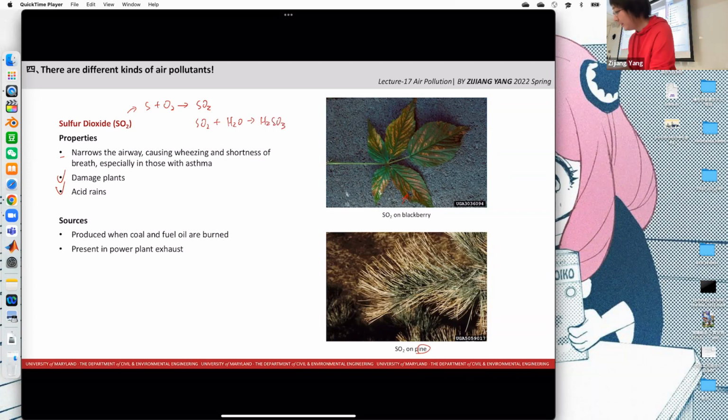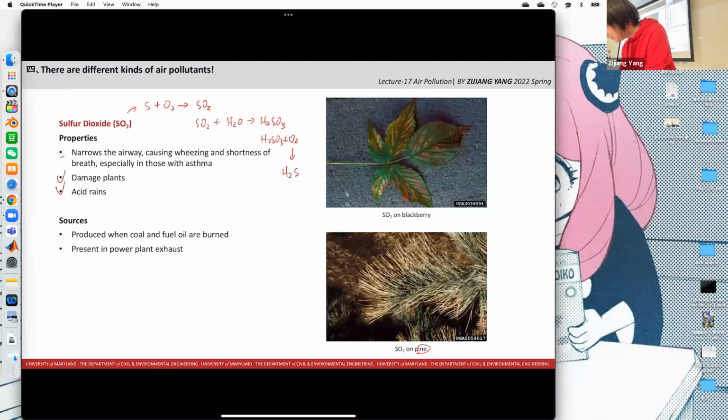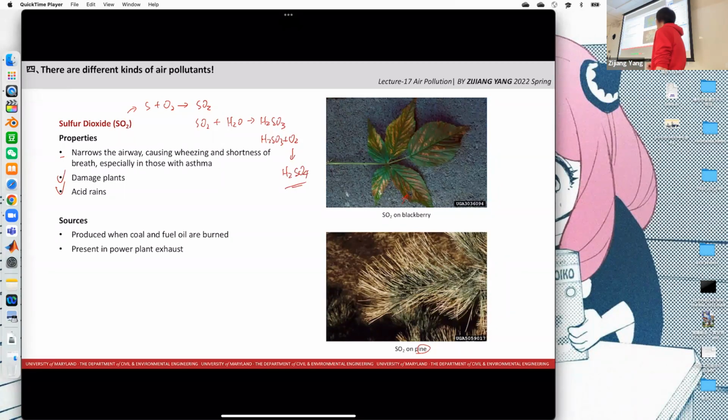And in the atmosphere, we also have oxygen, so this will react with oxygen to form sulfuric acid. This is a strong acid, so it can cause acid rain. Sulfur dioxide is produced when coal or fuel oils are burnt, and it is also present in power plant exhaust.